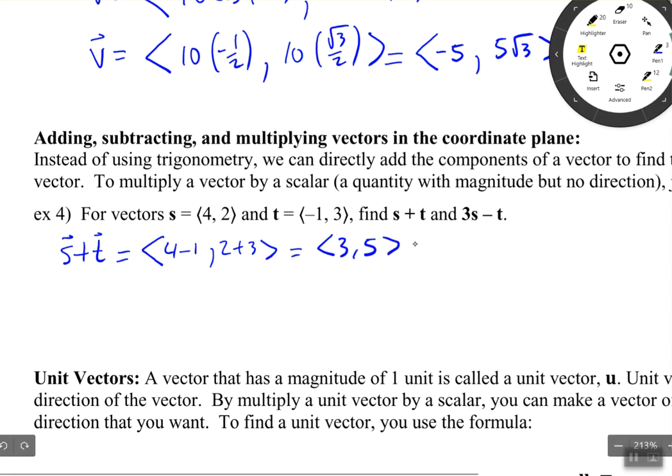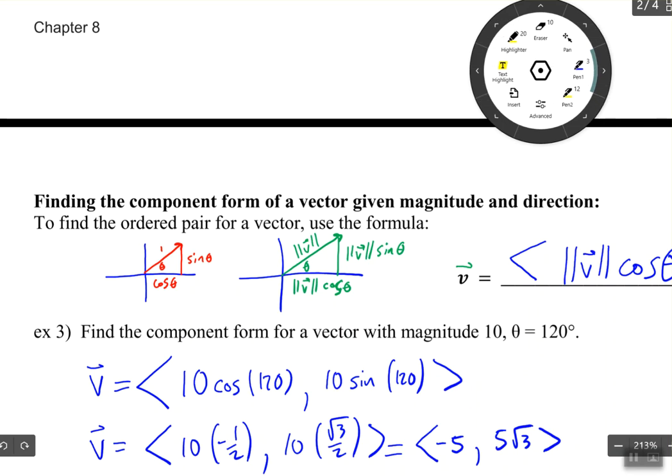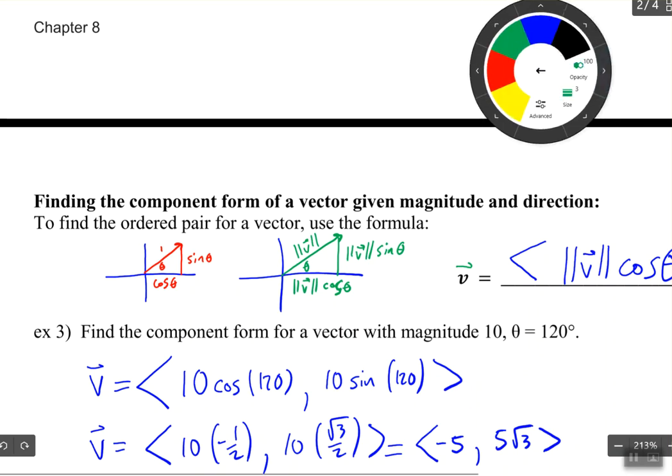If I want to write it in terms of the i's and j's. Okay, so i and j is basically this. Let me show you up here. If we're looking at this, is this vector made up of, if I went this way and then went this way, if I put those two vectors together, would that make that unit vector?